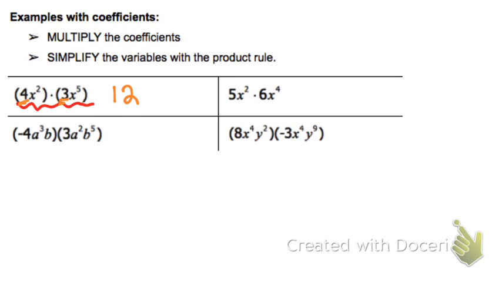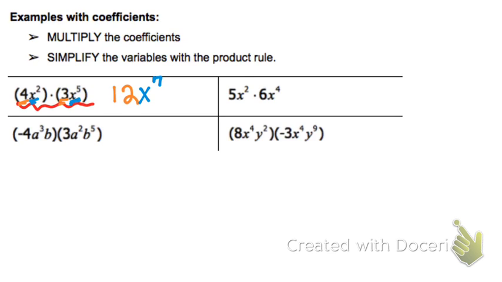And now you can multiply the ones with the exponents, because this has an x base and this has an x base. So it's x, and then there's x times x 2 times, and x times x times x 5 times. So in total, we're multiplying x by itself 7 times.